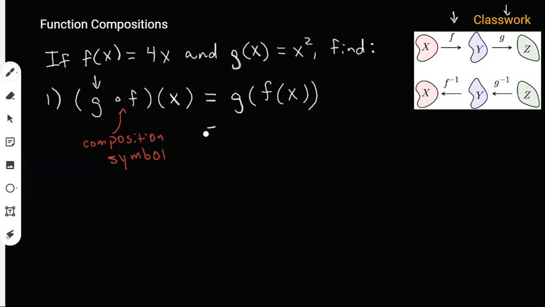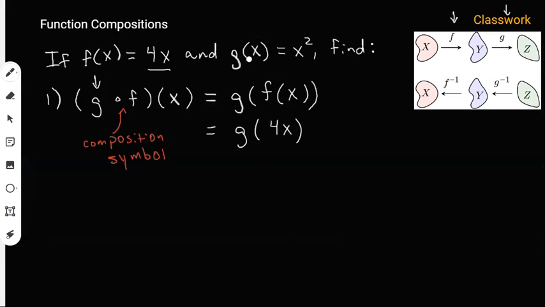So what is f of x? f of x is 4x. So what I'm going to do is replace this f of x with a 4x, and then close it up because that's what I have right here. Okay? So now I'm going to evaluate g of x, where I replace every single x with a 4x.